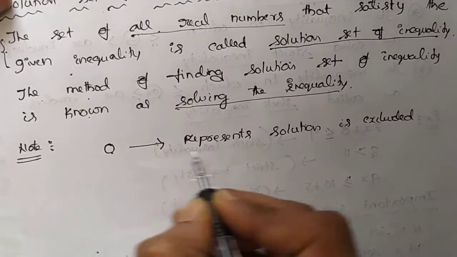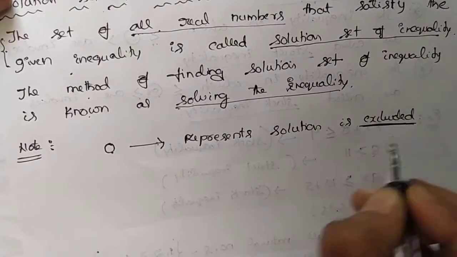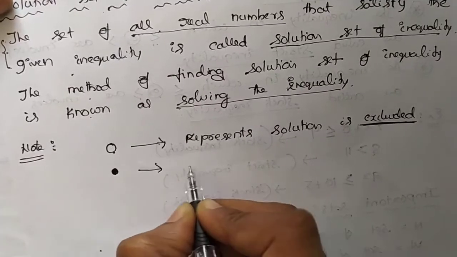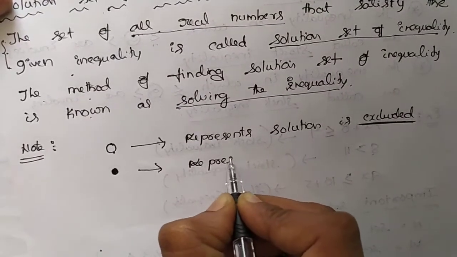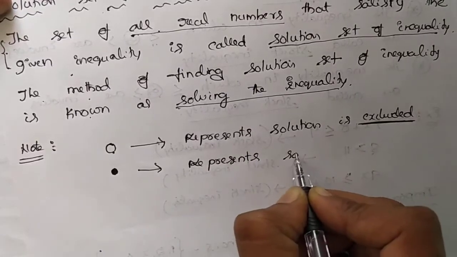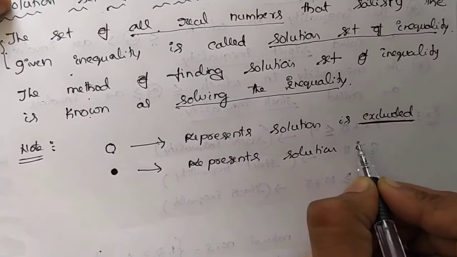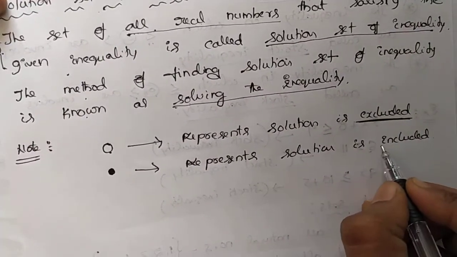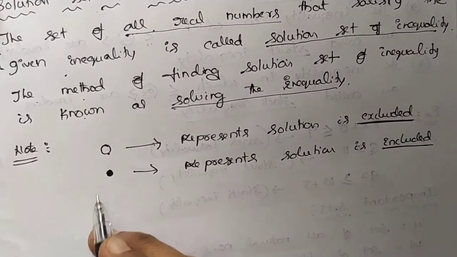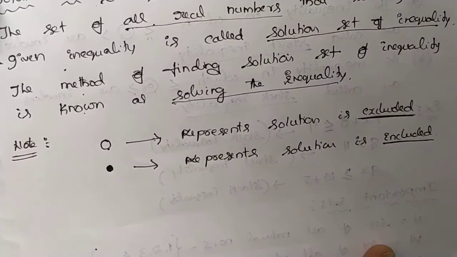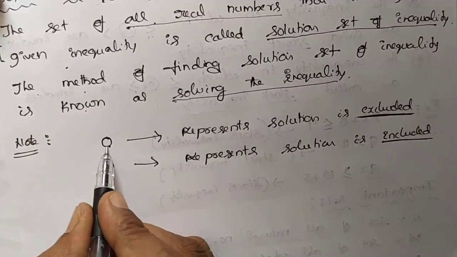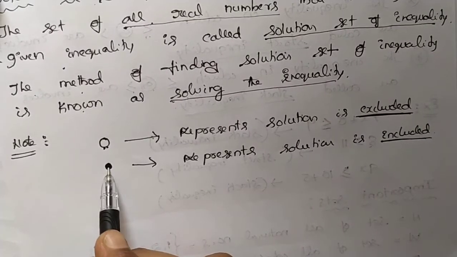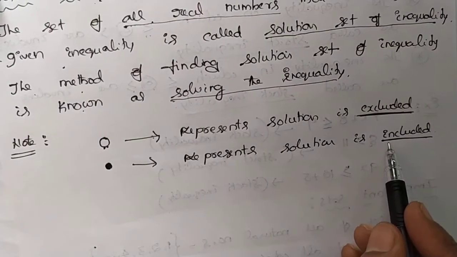This symbol represents that solution is included. These symbols are very important to solve the inequalities, I mean the given problems. This symbol represents that solution is excluded. This symbol represents that solution is included.